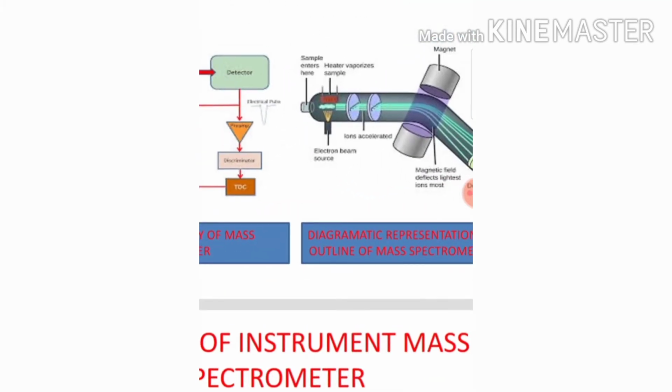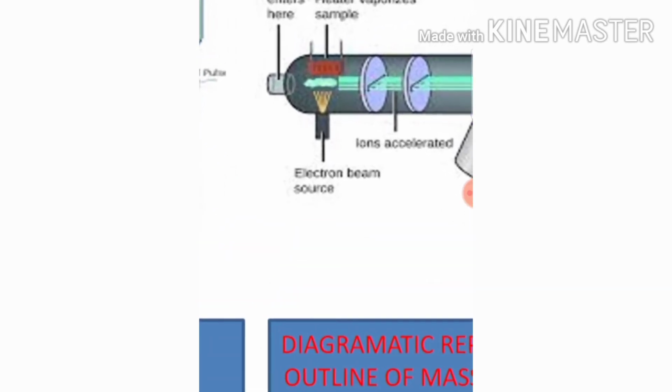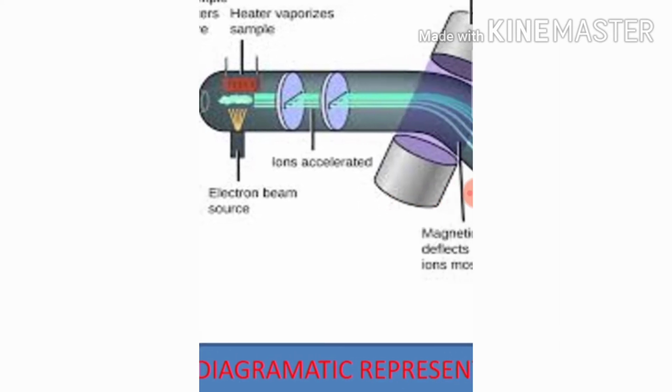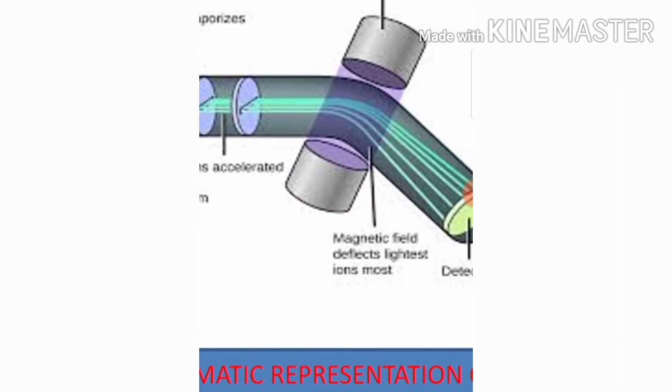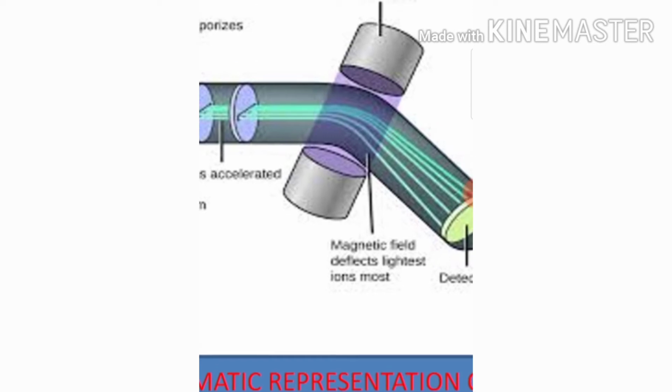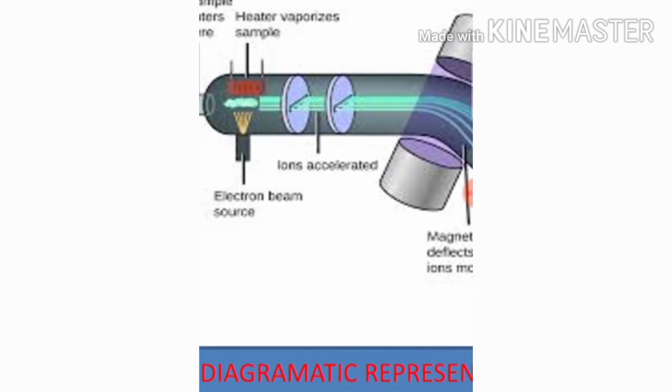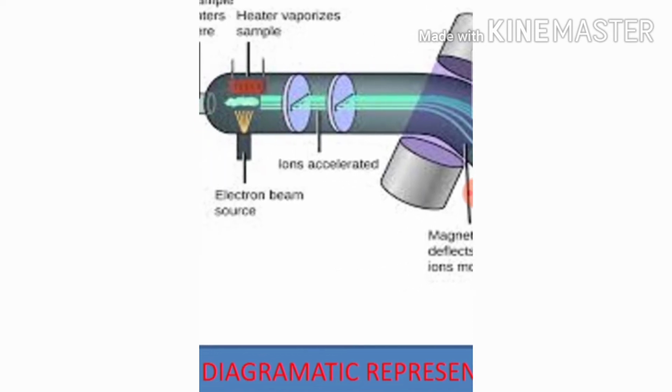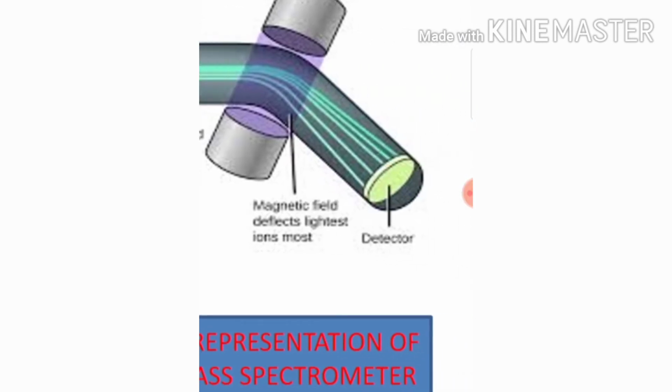So this is the outline again, in a different way. The sample enters from the left side through a tube, and when it enters, with the help of an electron beam source, it is ionized and heat vaporized. After vaporization and ionization, the sample is passed through a strong electromagnetic field, and due to the presence of this field, there is a deflection of the electron beam of the samples toward the detectors.